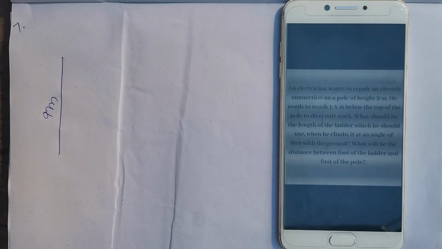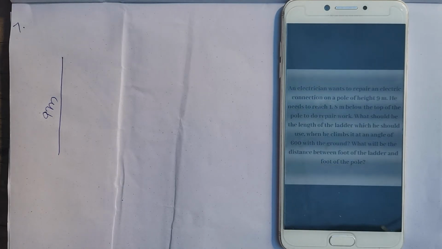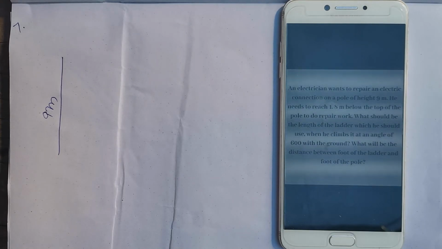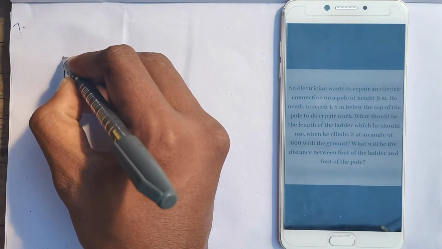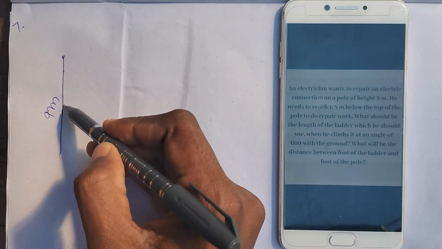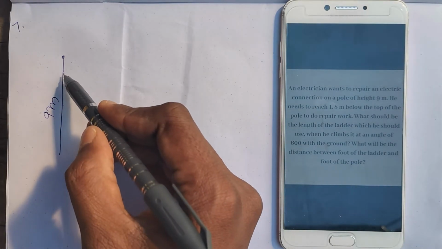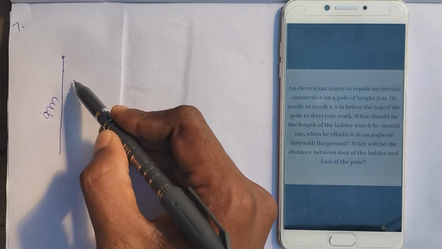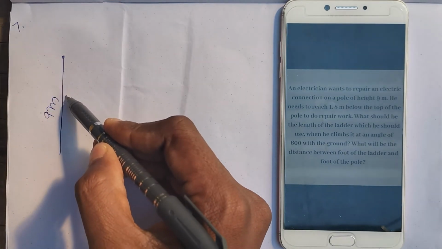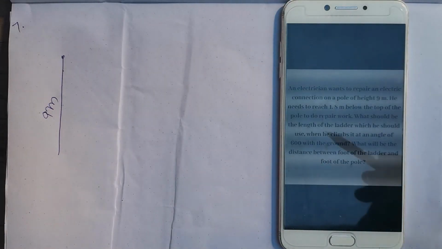Whenever you observe an electrician doing some work on the pole, he won't stand on the top of the pole. Definitely he will stand somewhere here or somewhere here, according to your convenience, because all the connections will be here only, whether it may be a tube light or light. So he won't stand at all on the top of the pole.